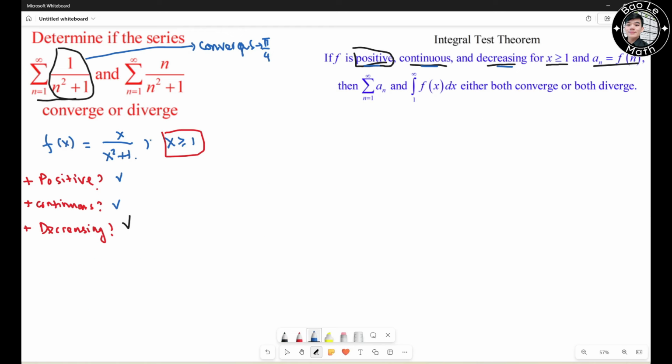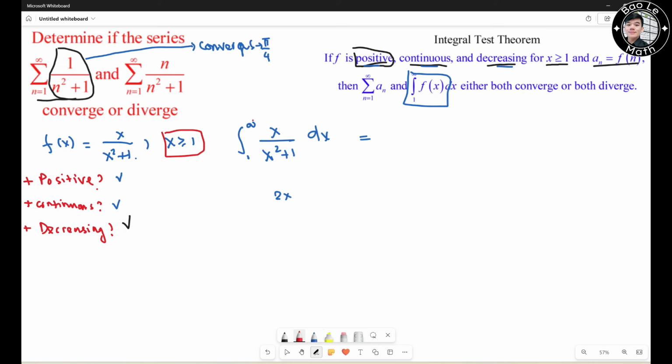Alright, next step, we need to determine if this one converges or diverges, right? So we have the integral from 1 to infinity of s over s squared plus 1 ds. So observe the bottom right here. If we differentiate the bottom, it's going to be 2s, right? So we look at the top right here, it's only s.